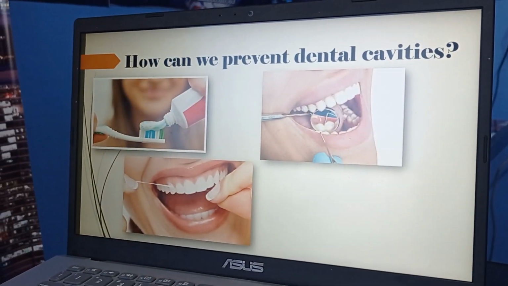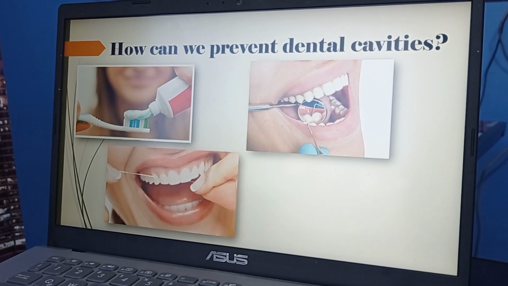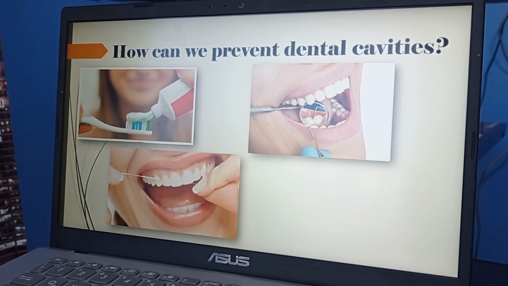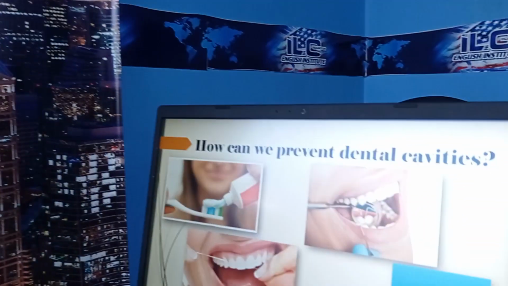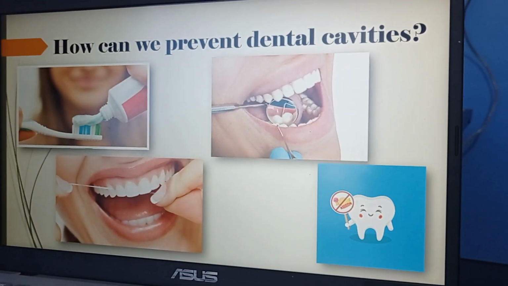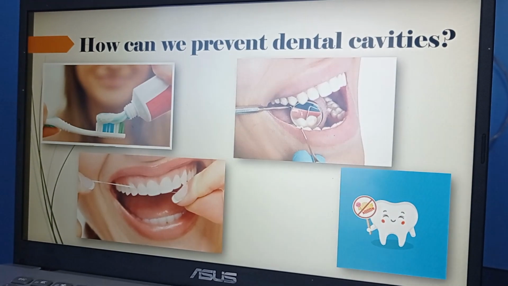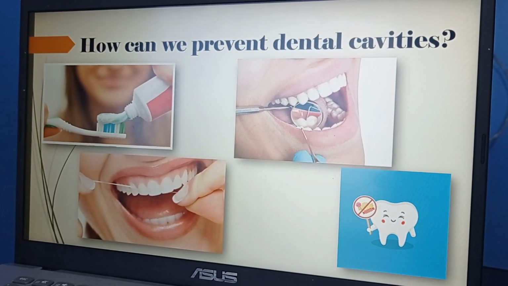Go to the dentist regularly because early diagnosis will help us prevent major problems. Change your toothbrush every 3 months. This will prevent bacteria from building up in the filaments of the brush.